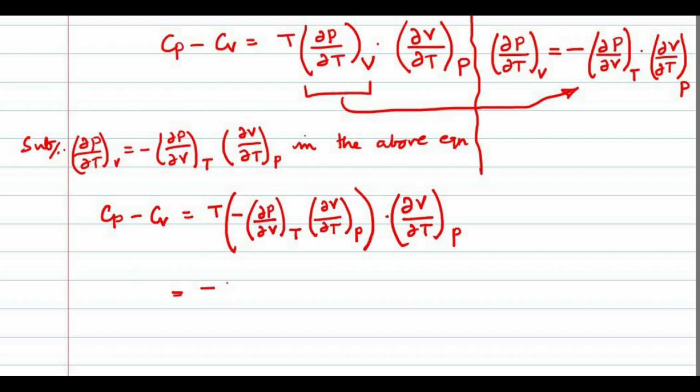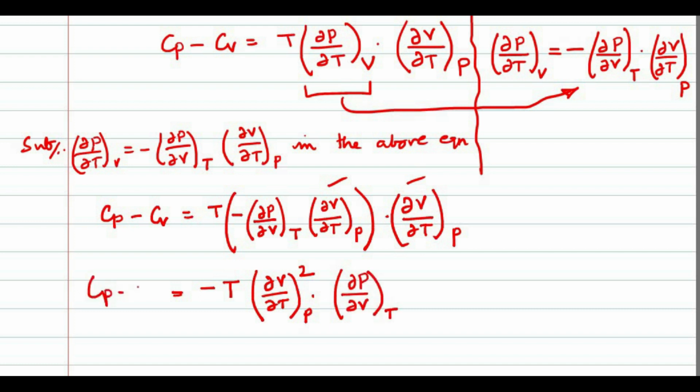So take the minus out into T. Dou V by dou T is present 2 times, so I am writing dou V by dou T at constant pressure the whole square into dou P by dou V at constant temperature. So this is Cp minus Cv.